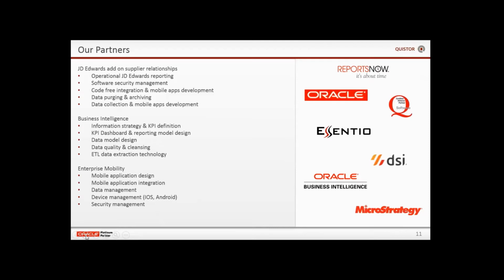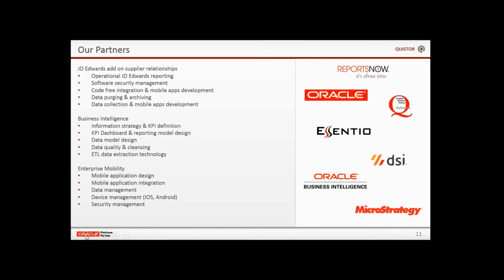Our partners: of course, Oracle is a main partner. We are an Oracle Platinum partner, but we have really strategic partners on our add-ons. There are 4 strategic partners in this area for the JDE add-ons, which are Reports Now for reporting, Essentio for archiving, Q software for security, that's why we have this session together, and DSI for scanning, but also for mobile solutions based on JDE.